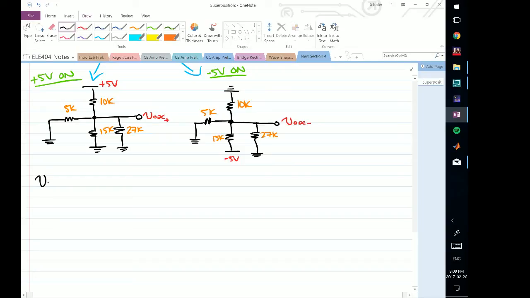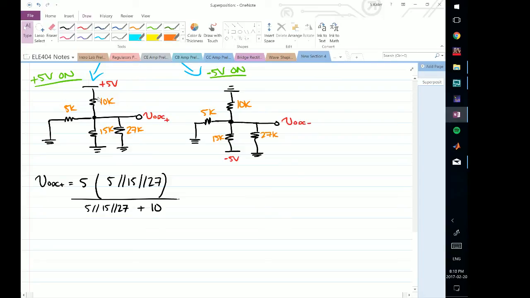So now let's take a look at VODC plus. I see that this 5K and this 15K and 27K are all in parallel because they're all connected here and they're all connected to ground. So VODC plus is simply going to be 5 times 5 in parallel with 15 and 27 here, and this whole thing is going to be divided by 5 in parallel with 15 in parallel with 27 plus 10.